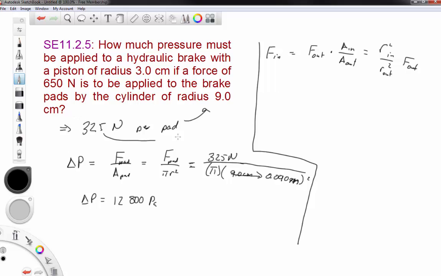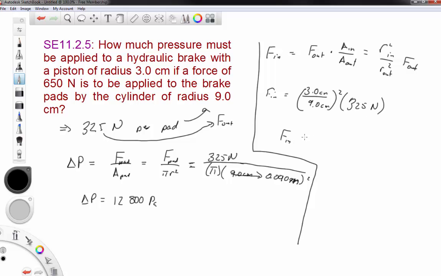This right here is force out. F in, therefore, can be given by 3.0 centimeters over 9.0 centimeters quantity squared times 325 newtons.